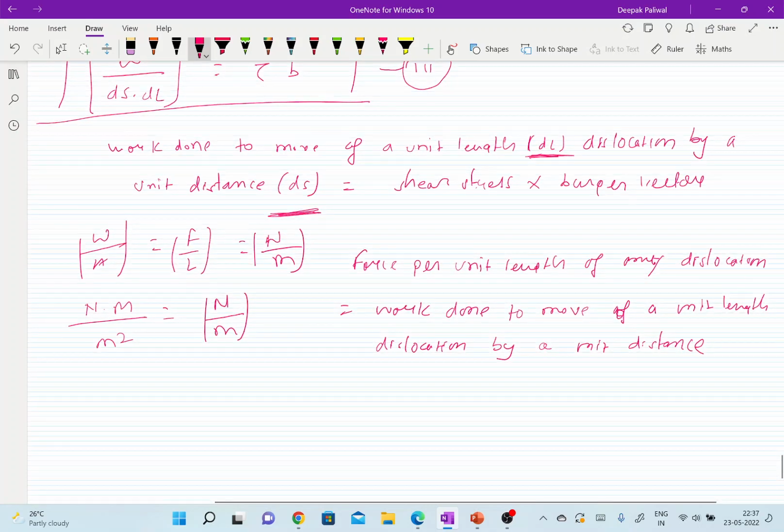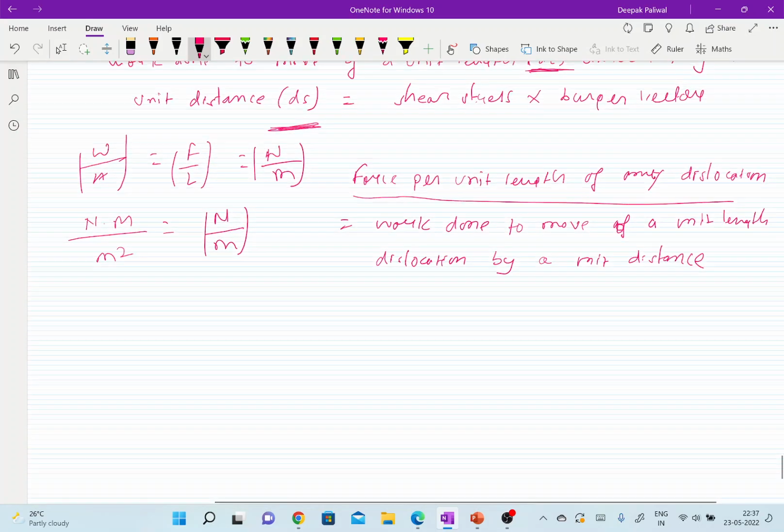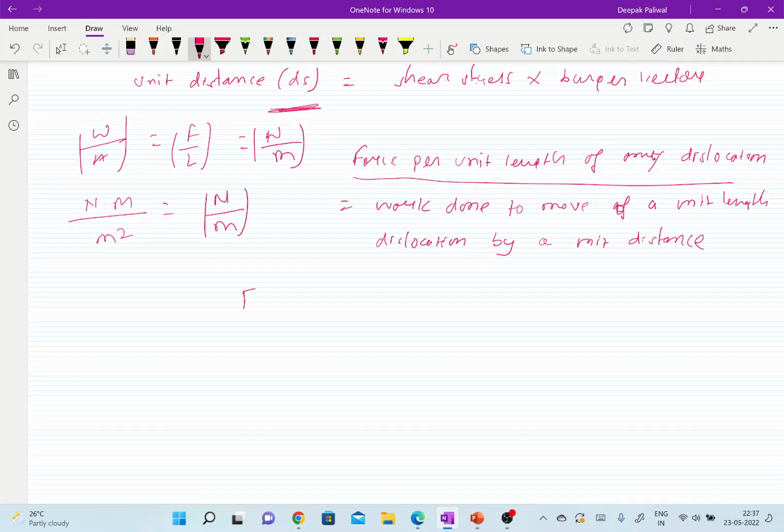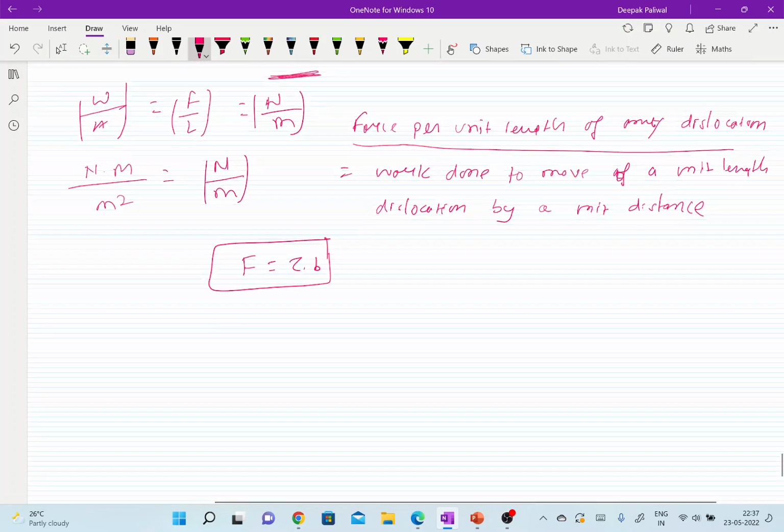So this force is an imaginary force. Okay, so the next is the force tau dot b. This is the imaginary force we are considering.